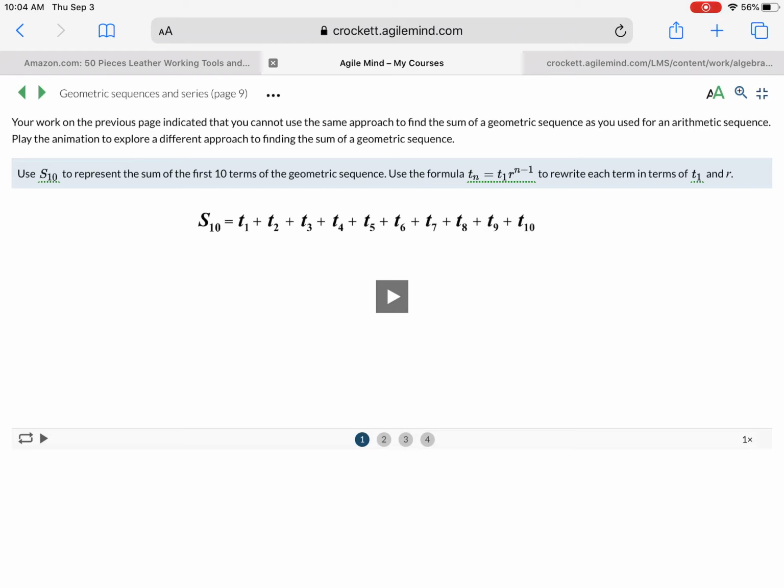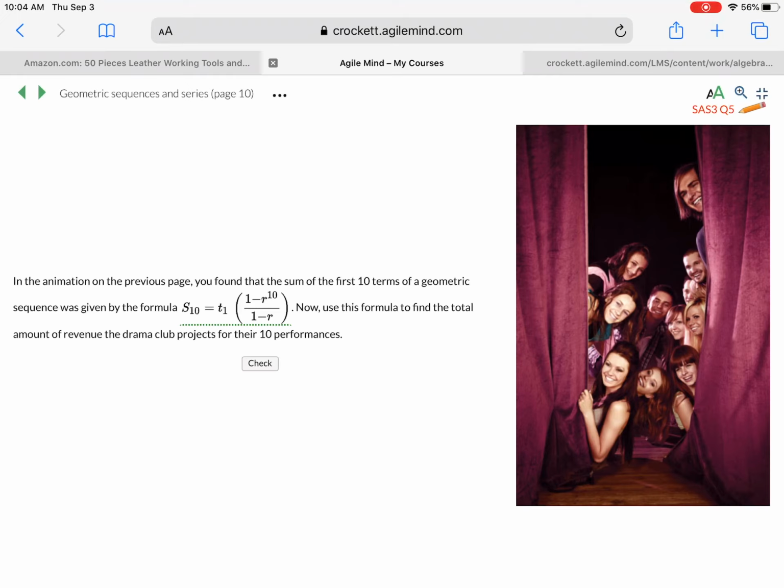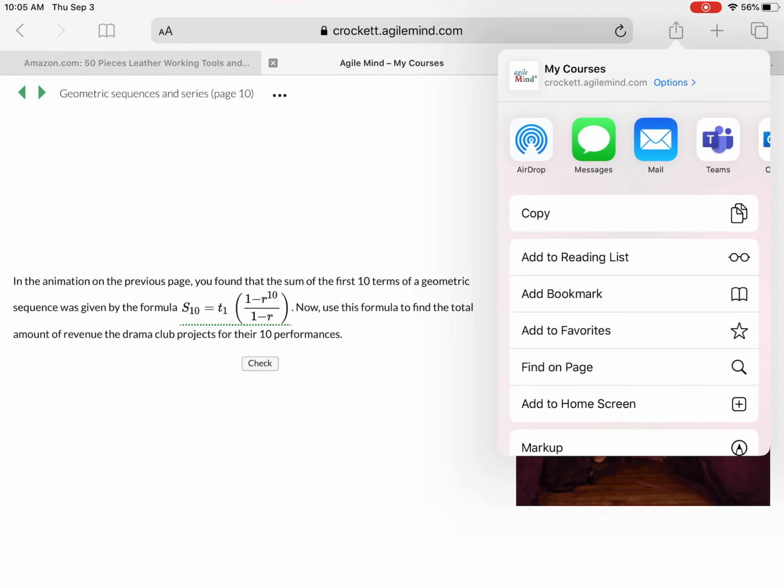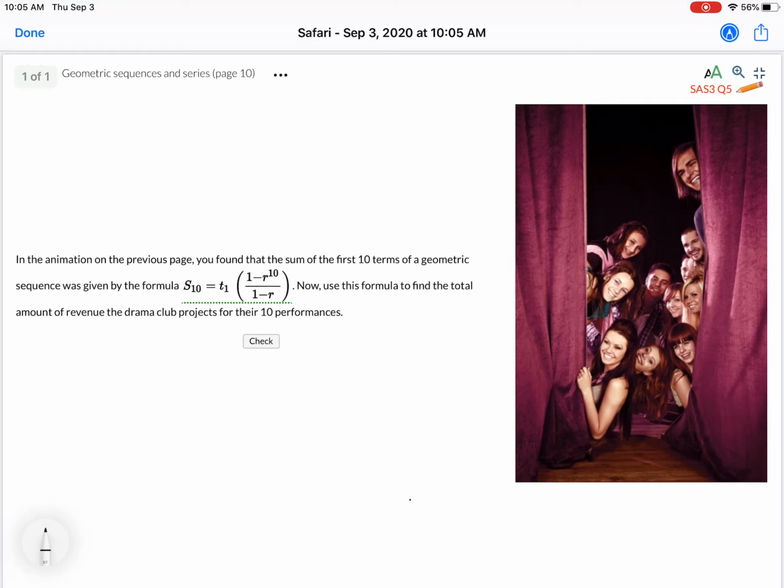So on this next page, it actually shows you what we just did, okay? So I'm going to go ahead and click. Okay, number 5. What is very important to write on number 5 is what I write right now, okay?